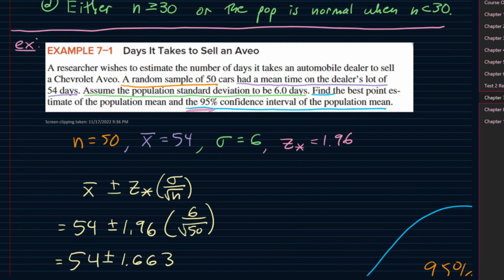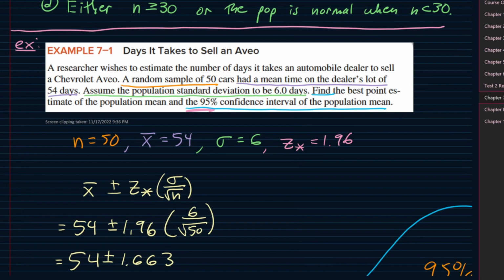So we've already boiled it down into either 7.1 or 7.2. Now it says a random sample of 50 cars had a mean time on the dealer's lot of 54 days. And then it says assume the population standard deviation to be 6 days. So that's sigma.